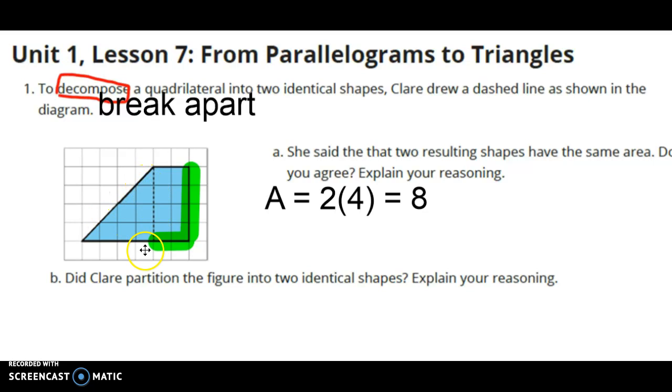The area for a triangle is 1/2 base times height. The reason why it's 1/2 is that what I could do is draw another triangle right up here that's identical, and that would be base times height.